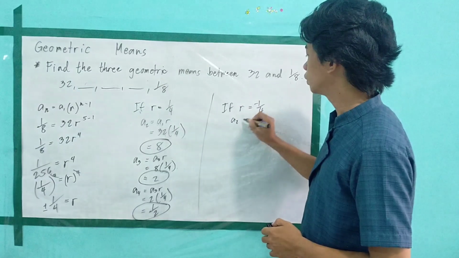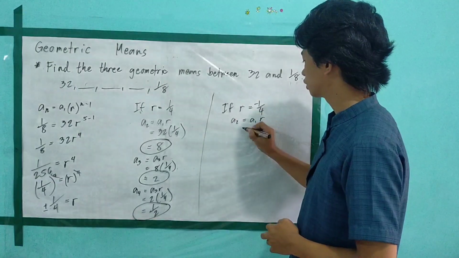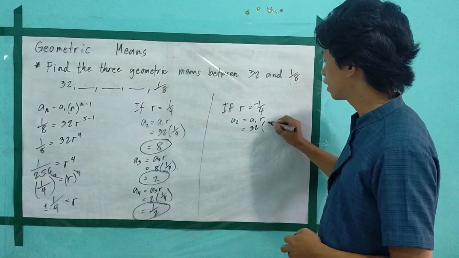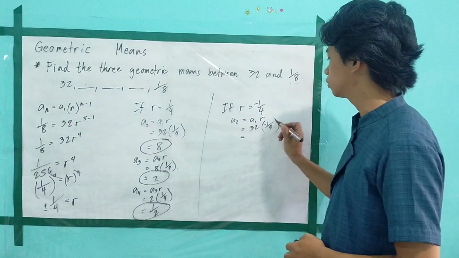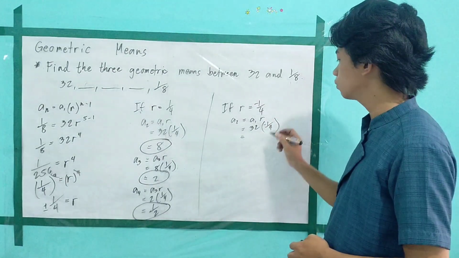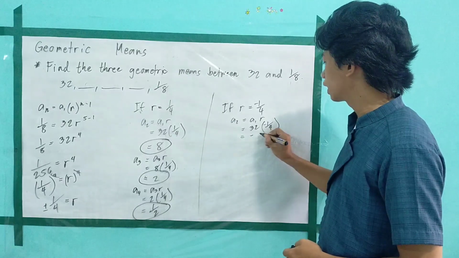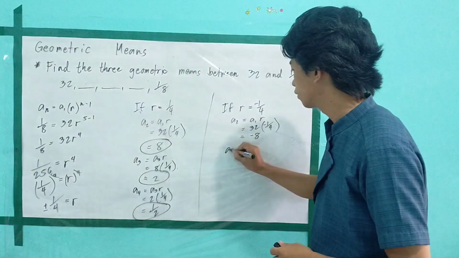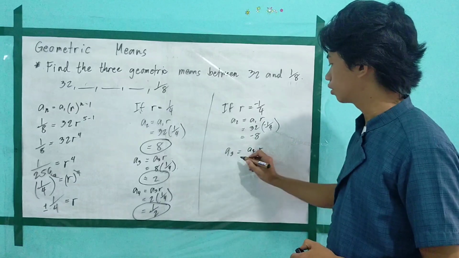Try natin, a sub 2 is equal to a sub 1 multiplied to the common ratio. So, ano a sub 1 natin? We have 32 multiplied by negative 1/4. So, it is equal now to 32 multiplied by negative 1, negative 32 divided by 4. We have negative 8. Next, for a sub 3, we have a sub 2 multiplied by the common ratio.